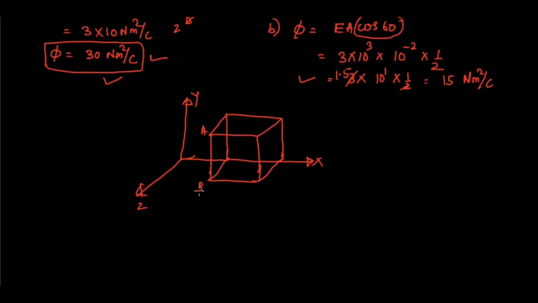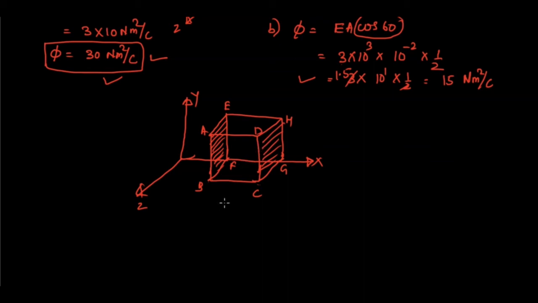A, B, C, D, E, F, G, H. So the faces A, B, F, E and C, D, H, G are parallel to the YZ plane. Then B, C, G, F and A, D, H, E are parallel to the XZ plane. A, D, C, B and E, F, G, H are parallel to the XY plane.